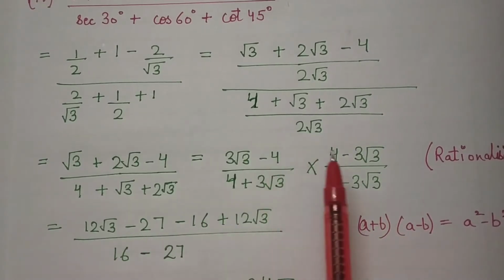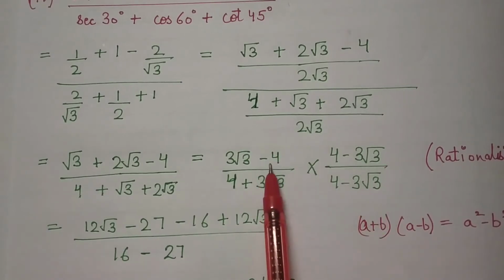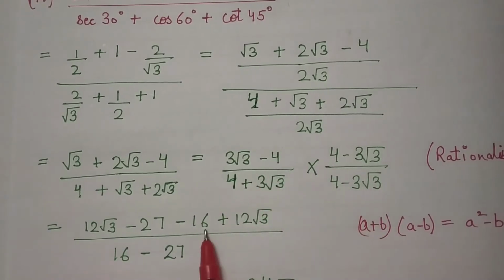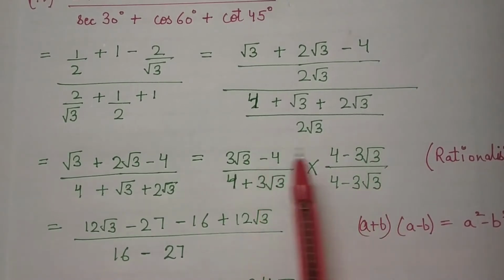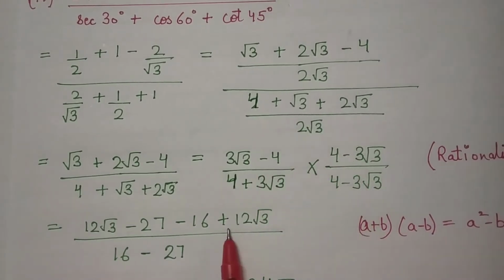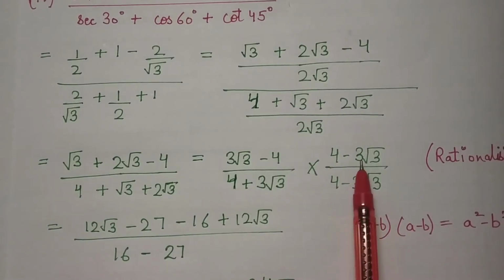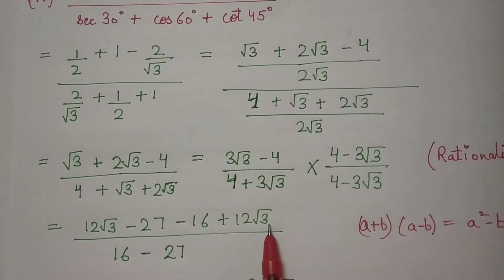Now multiplying this with the whole bracket: minus 4 multiply minus 4 is 16, minus 4 multiply minus 3 root 3, minus and minus when we multiply becomes plus, 4 multiplying 3, 12 root 3.